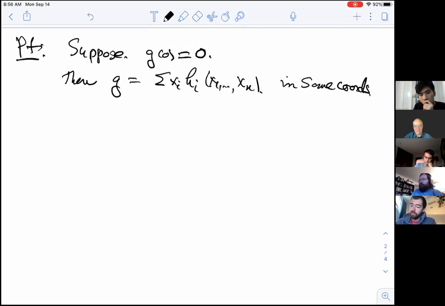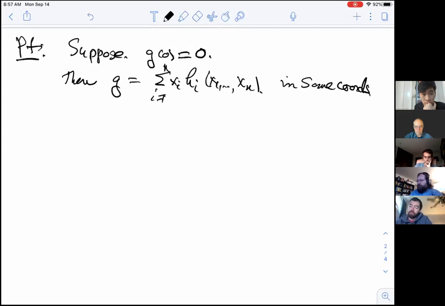Certainly any function of this form, summation xi times functions hi of x1 to xn, vanishes at the origin. And the converse is also true. And this is a very simple and very beautiful argument.